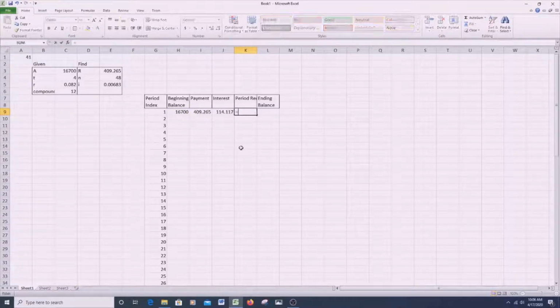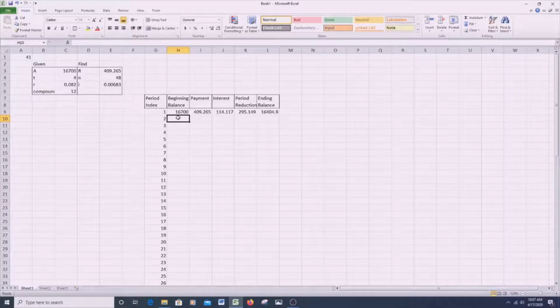The period reduction, maybe I should rename that in a second, is payment minus interest. And the ending balance is your beginning balance minus period reduction. Okay, so that's the first row.